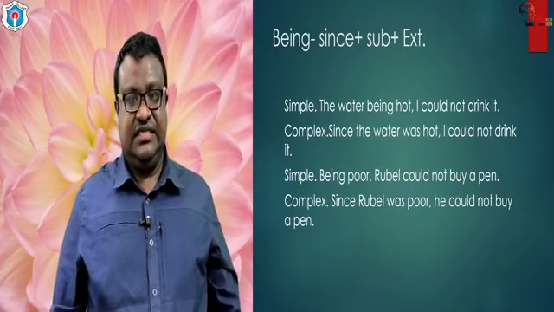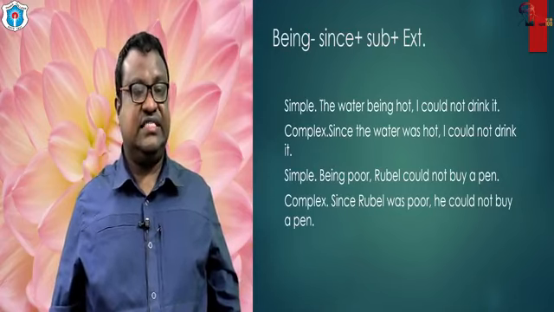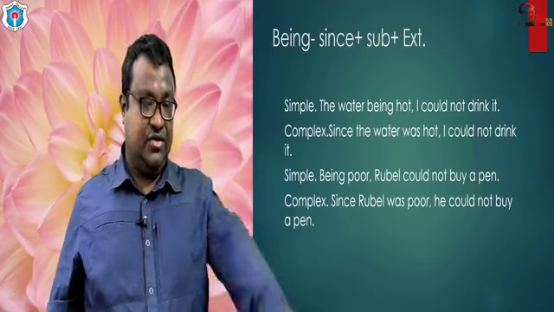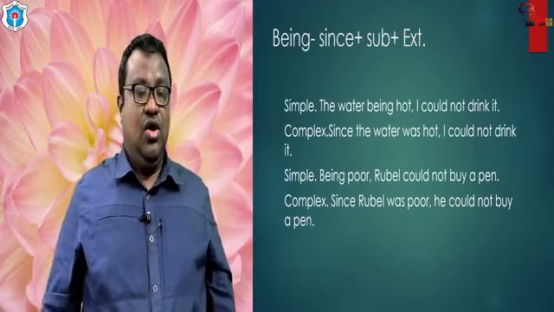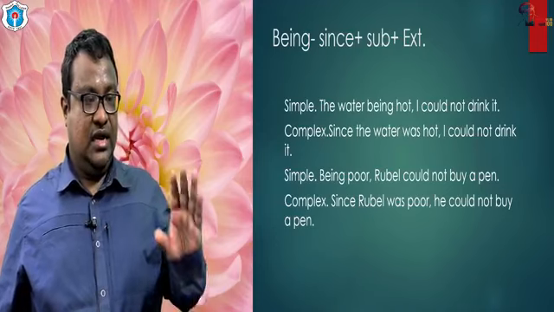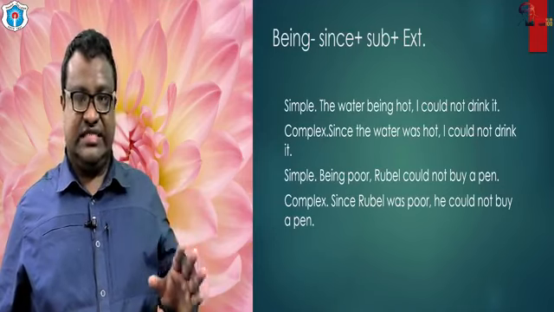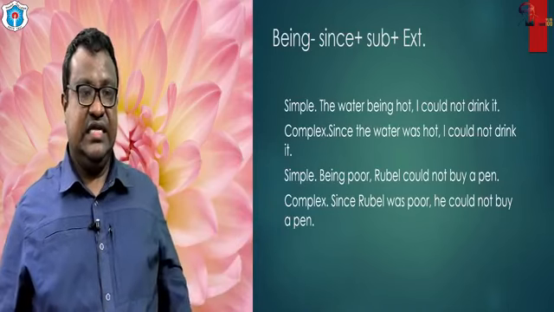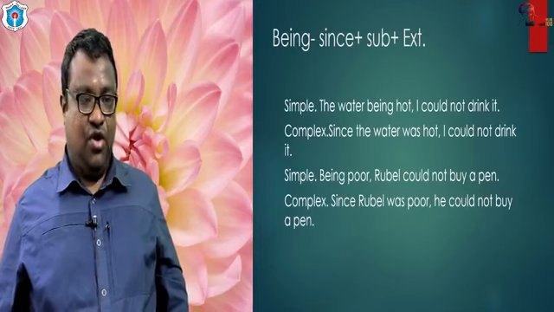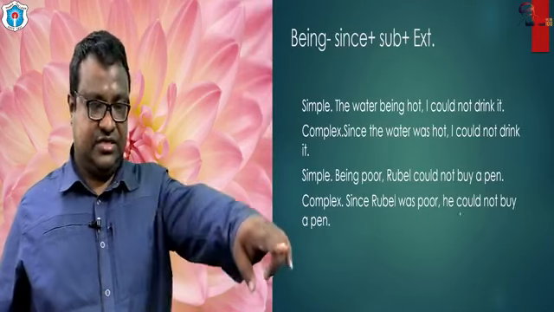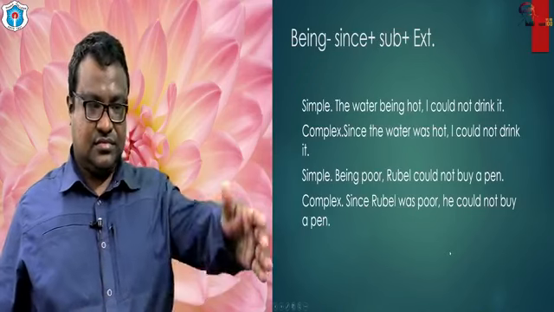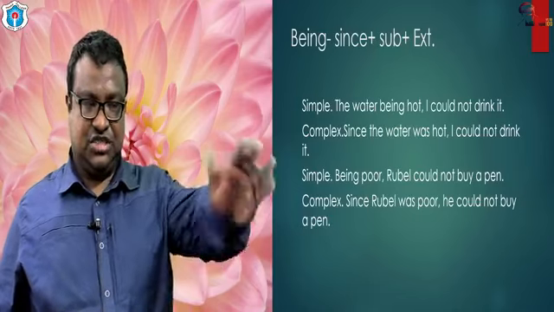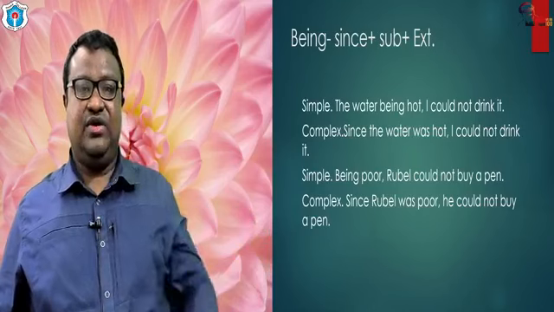In the first part, that is at the subordinate part, the subject is the weather, while at the principal part the subject is I. When we find that there is only one subject, then as we have transformed the subordinate part with the formula since plus subject Rubel plus the verb was, then the extension poor, what will we do with the principal one?